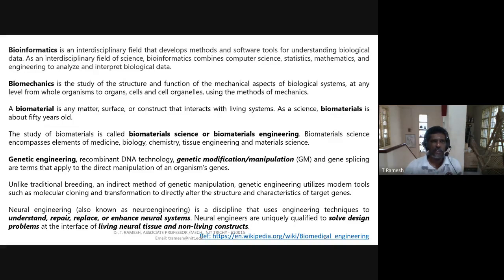That will be completely captured in the form of data, and those data will be analyzed and simulated with the help of software tools developed by engineers. So as an interdisciplinary field of science, bioinformatics combines computer science, statistics, mathematics, and engineering to analyze and interpret biological data.